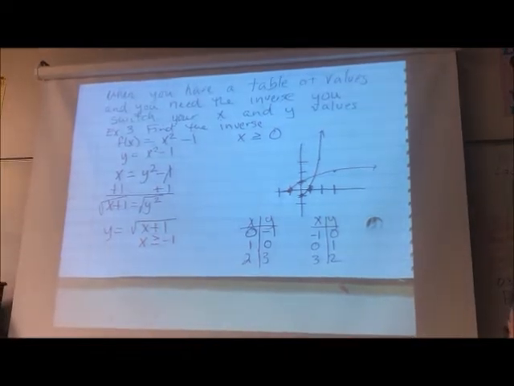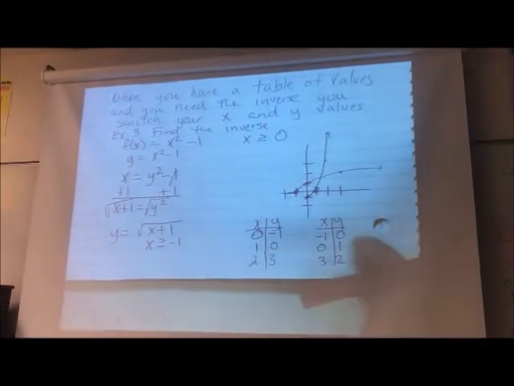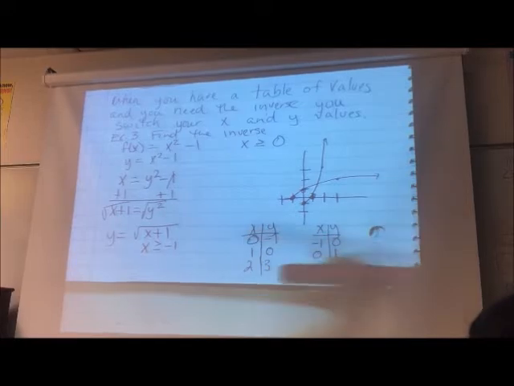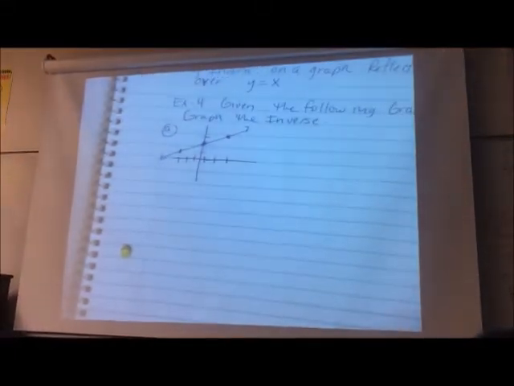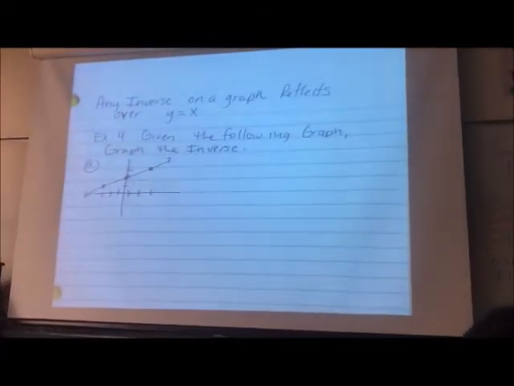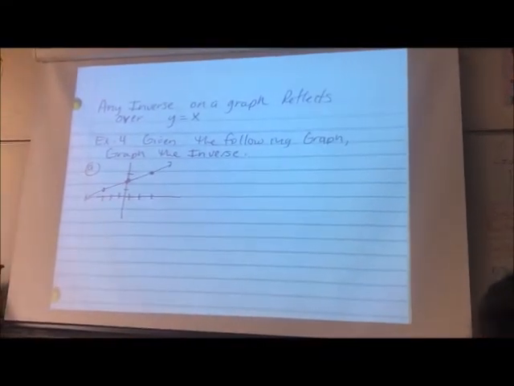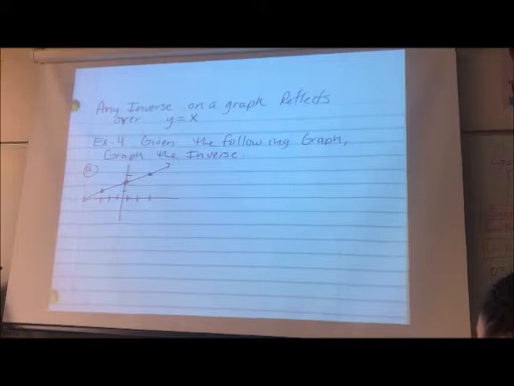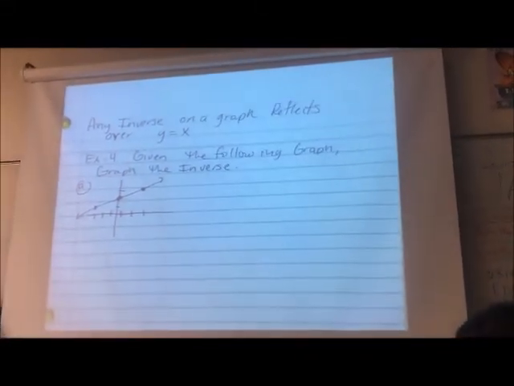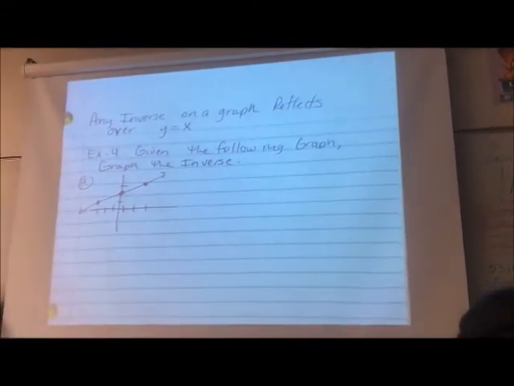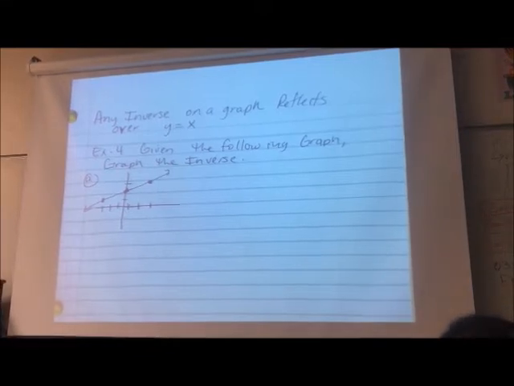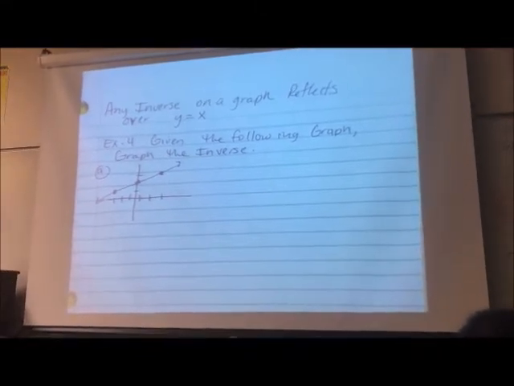Are we good? So, continuing on to example 4, a couple of notes that you need to know. Here it is. Any inverse on a graph reflects over y equals x. The next part, problems 9, 10, 11, 12, and 13, they're all graphing problems.